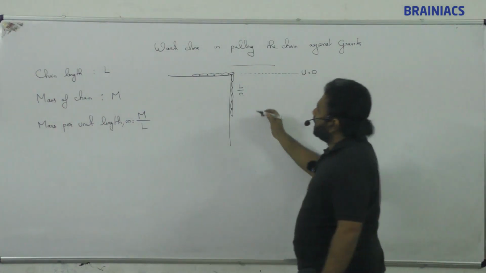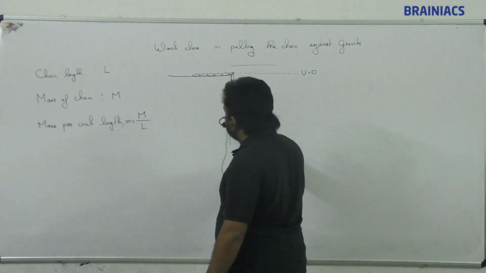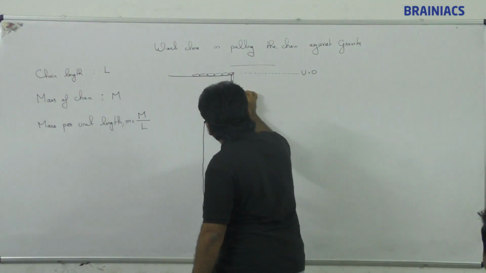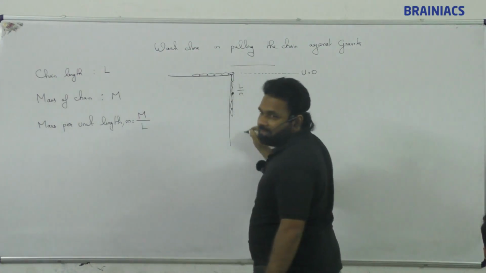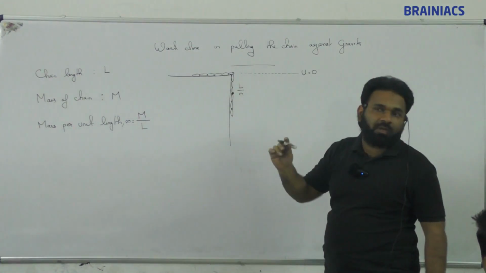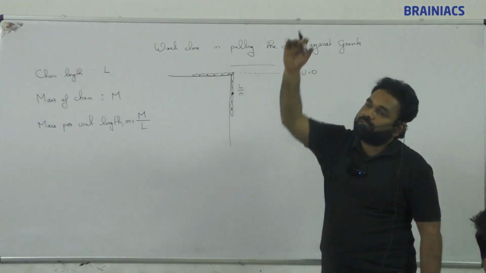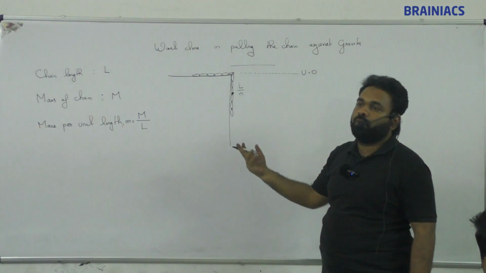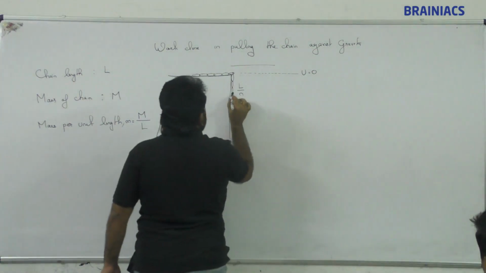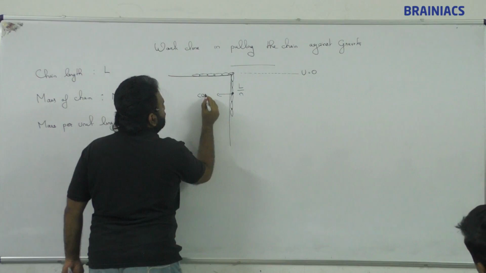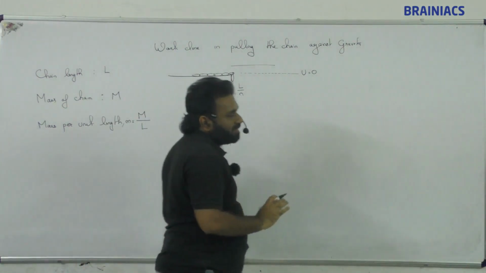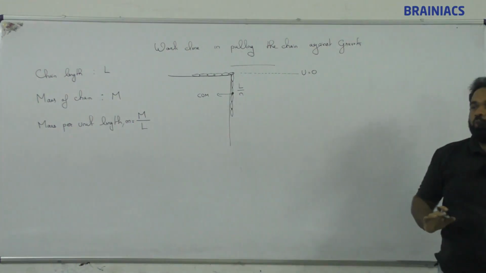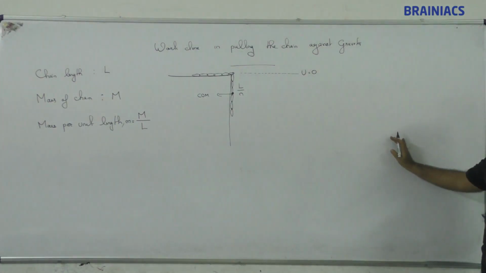Then if this is L by N, the problem is we cannot say, like for a ball, that it is at a height with mgh, because this is a continuous body, not a point body. So the center of mass is located at L by 2N. Correct or what?